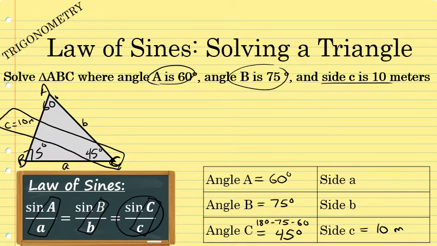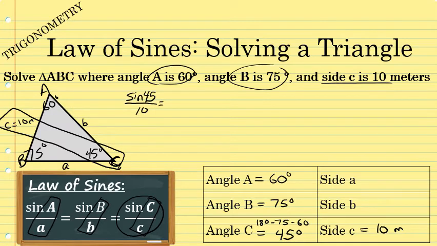I'll begin by finding side A, although the order doesn't matter. I could find side B first. To find side A, I'm going to start out by writing down the ratio of angle C and side C: sine of 45 degrees, angle C, over the length of side C, which is 10. That's the sine of angle C over side C's length.